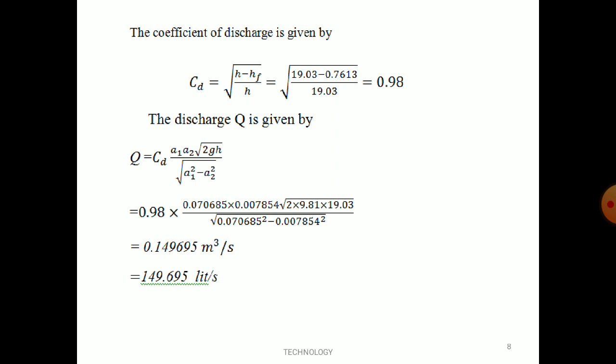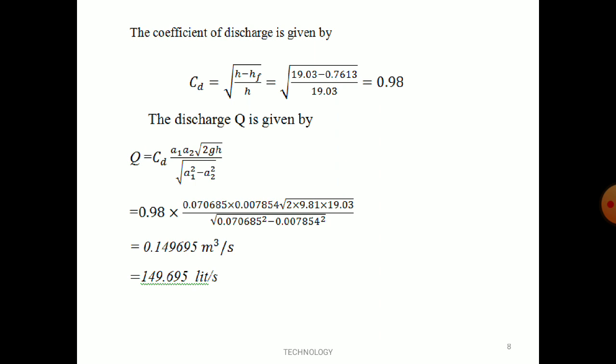Now once you get the CD value, we have the values of H, A1, A2, CD. So we can just calculate the value of discharge or volumetric flow rate by substituting in that expression. That expression is Q equal to CD into A1 A2 into square root of 2gH divided by square root of A1 square minus A2 square.